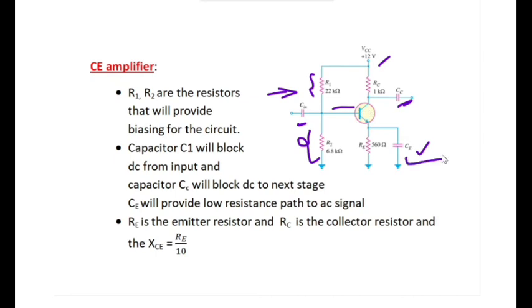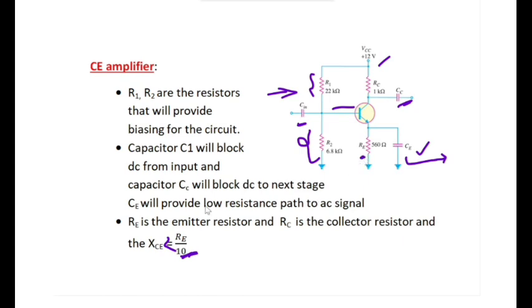The CE will provide a low reactance path to the AC signal that is to be transferred to the load, and the reactance of CE must satisfy XCE less than or equal to RE by 10. That is, RE is the emitter resistance, and XCE must be less than or equal to one tenth of its value.